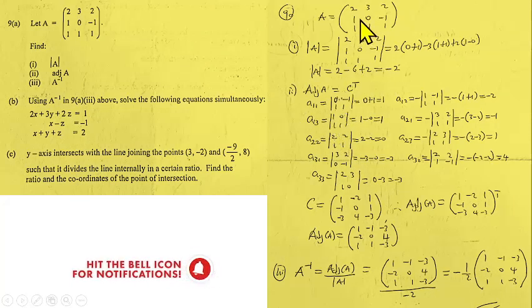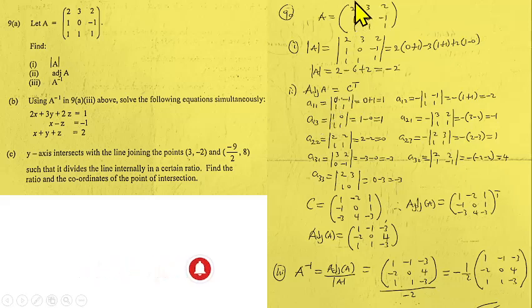Then you have to find the cofactor of each element in this 3 by 3 matrix. Each element has a cofactor. How do we find a cofactor? By reducing this 3 by 3 matrix to a 2 by 2 matrix for each element in this 3 by 3 matrix and using their positional sign.